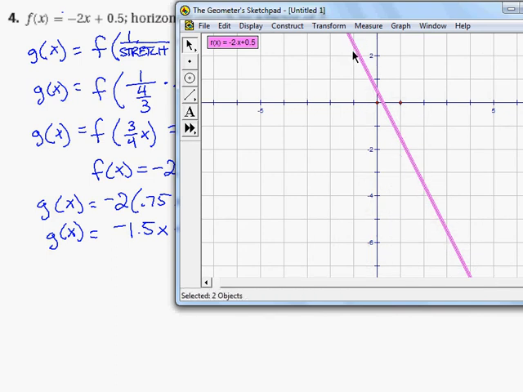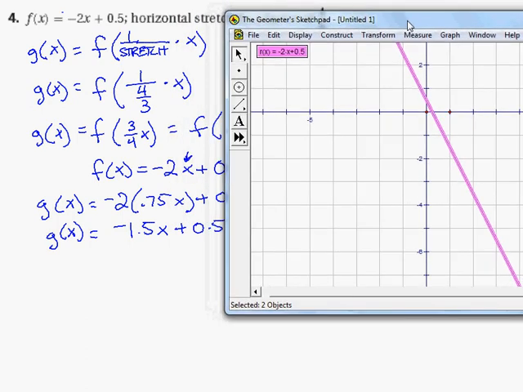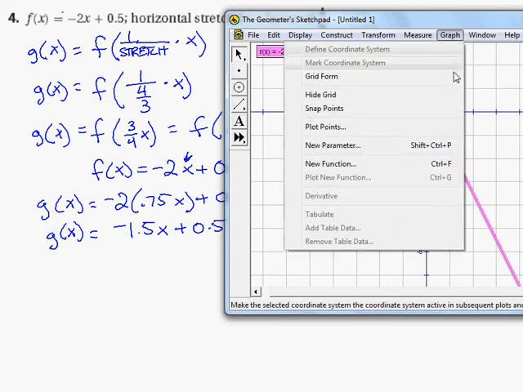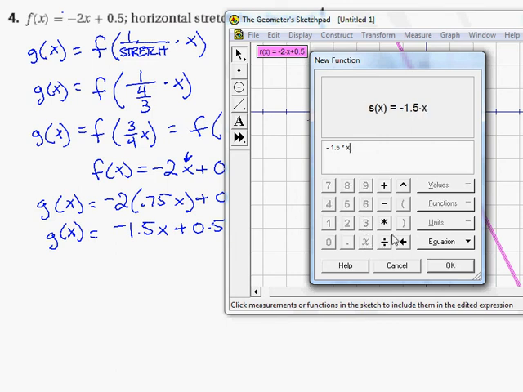Now I'm going to graph the new function, which was negative 1.5 times x plus 0.5.